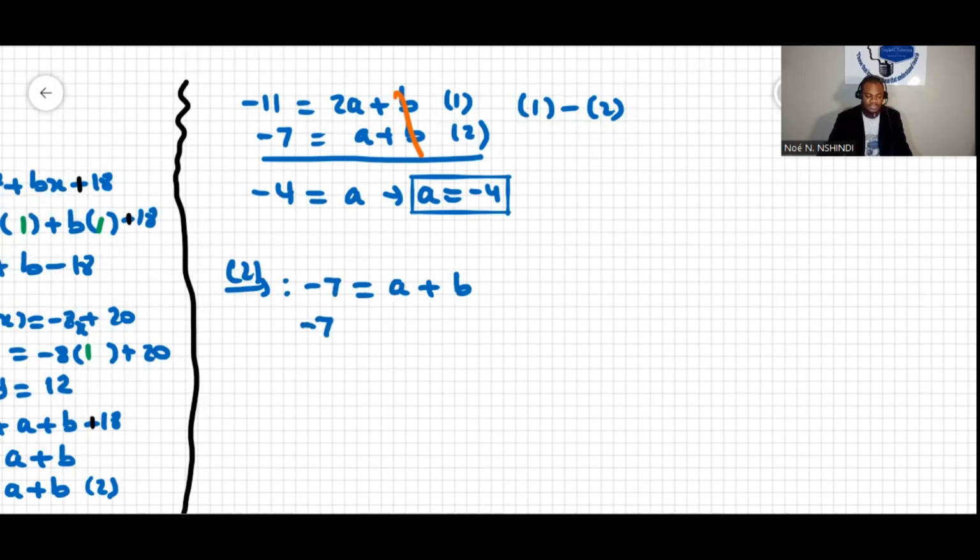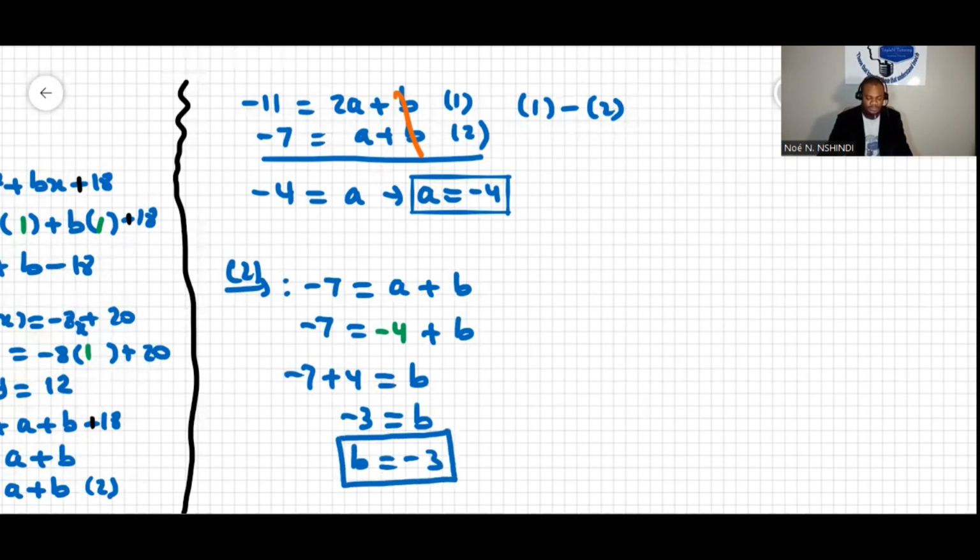If we sub in the value of a, which is negative 4, I can just move the negative 4 over, that becomes positive 4, and then that will be negative 3. So b equal to negative 3. So here are the values of a and b. Thank you.